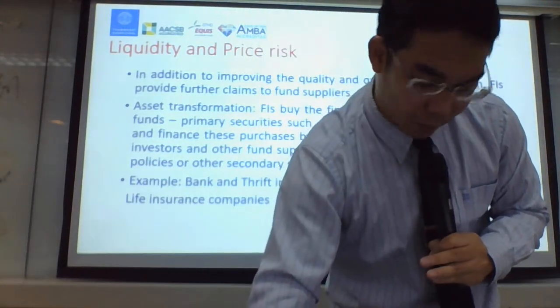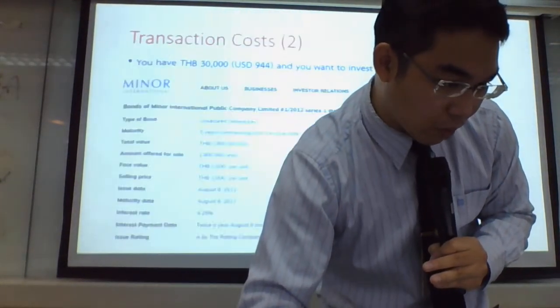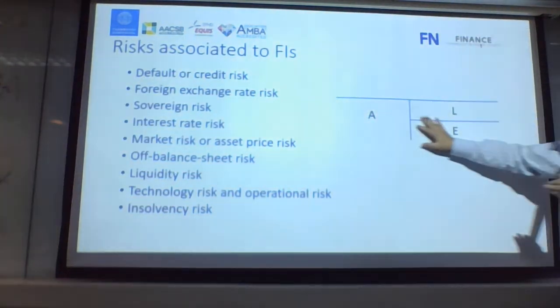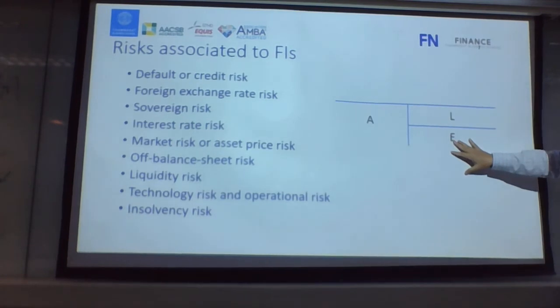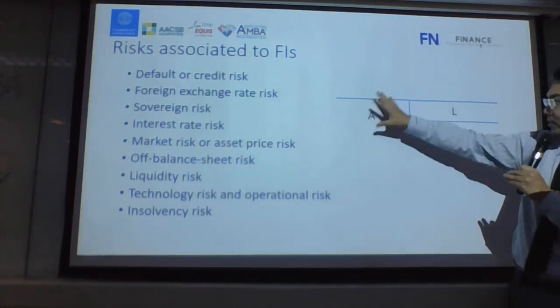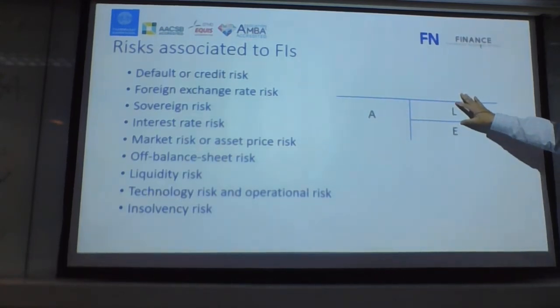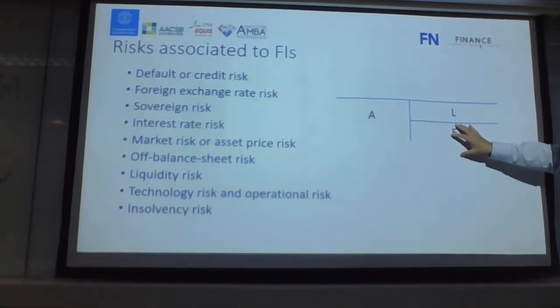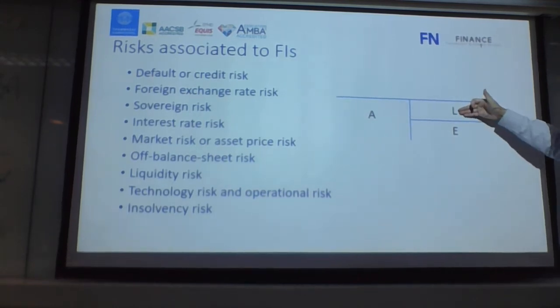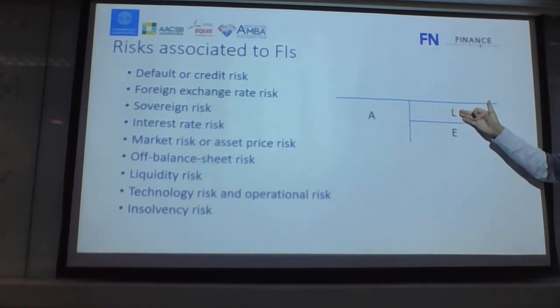To make it clearer, I would like to go to this one first. This is the balance sheet of a commercial bank. We have the asset side, the liability side, and the capital or equity side. You can see that the liability is short-term.